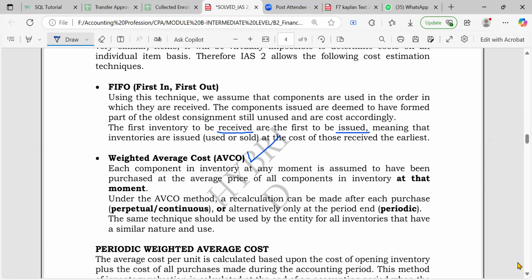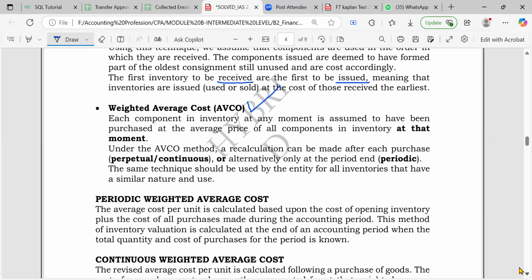And then you have this weighted average cost method. Now we presume all the inventories to be the same. We don't consider their aging. So each component in inventory at any moment is assumed to have been purchased at the average price. Remember, each item has its own price.